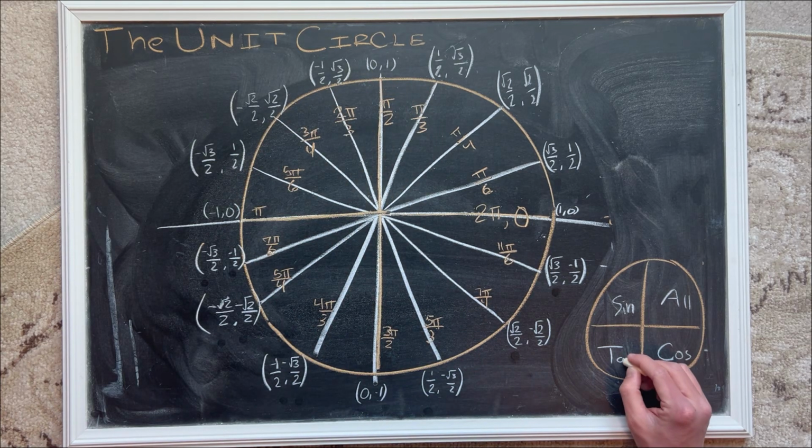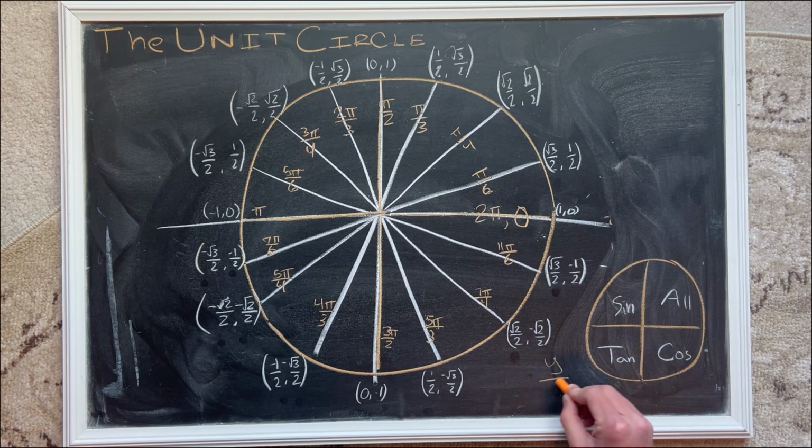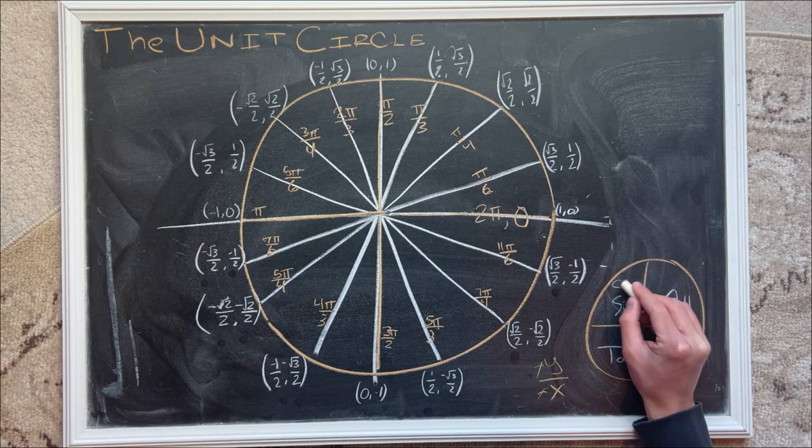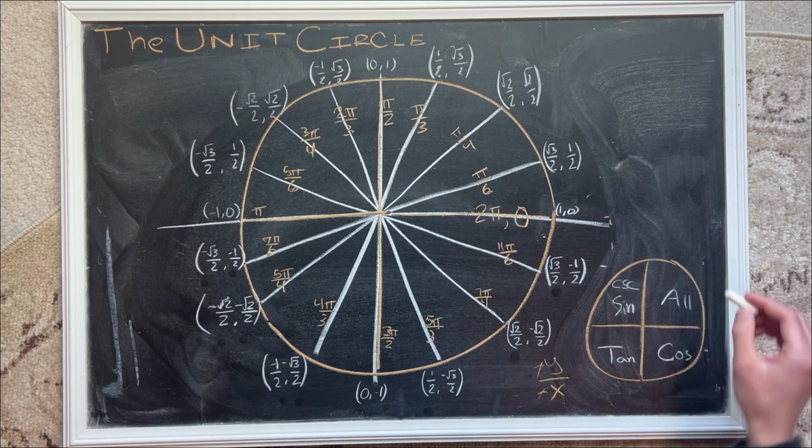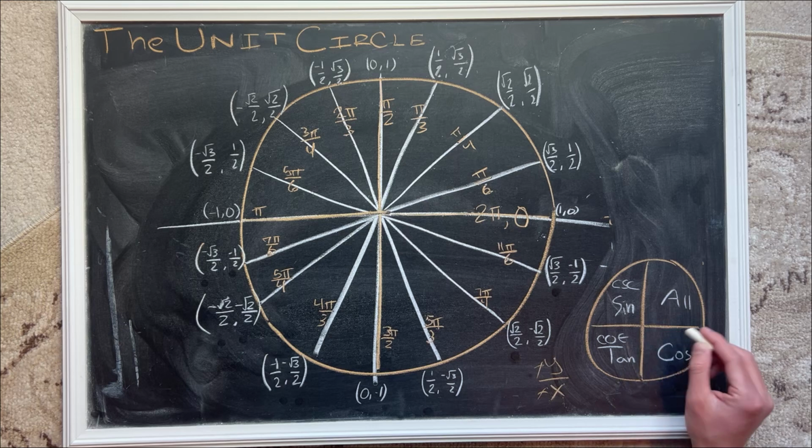And the last one is tangent, the 3rd quadrant, because everything's negative. And when we're using a tangent, it's y over x. So that means if we have a negative y and a negative x, they're going to cancel each other out, leaving us with a positive tangent. And remember, this should be sine and cosecant. All of these is all, and then this is cotangent as well, and this is secant as well.